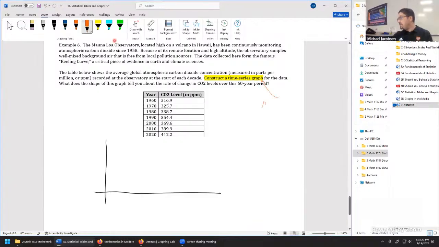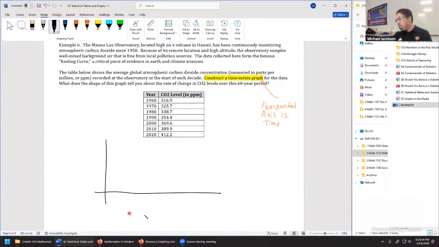Here, the horizontal axis is time itself. We're looking at the change of the quantitative variable, the CO2 level measurement, as time changes. So that's going to be our axis to have here.